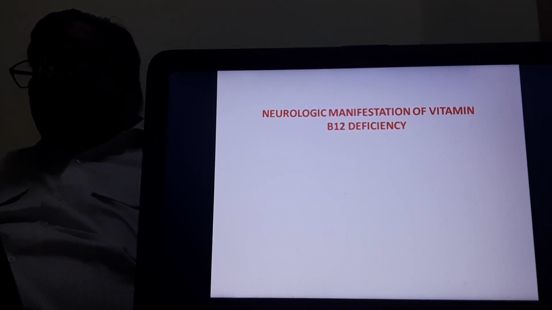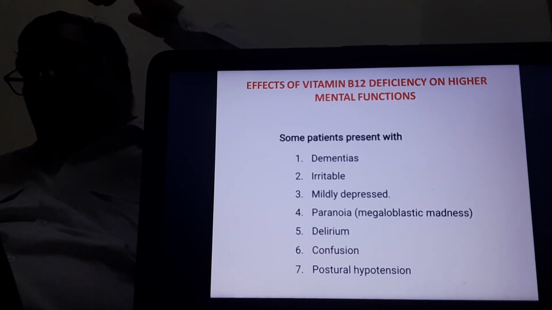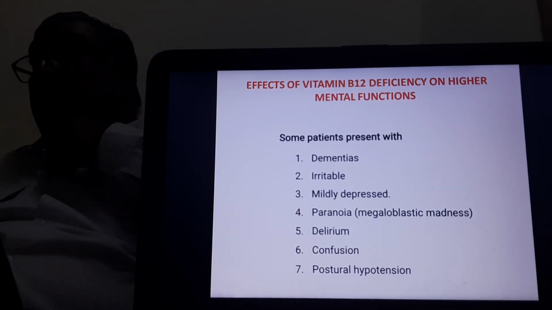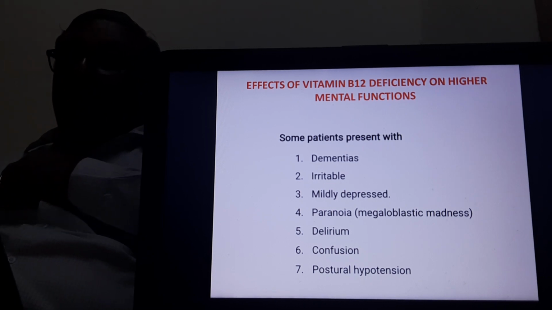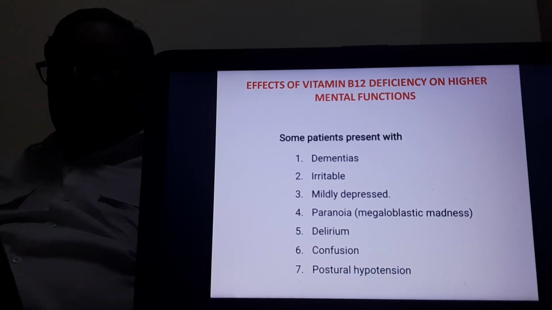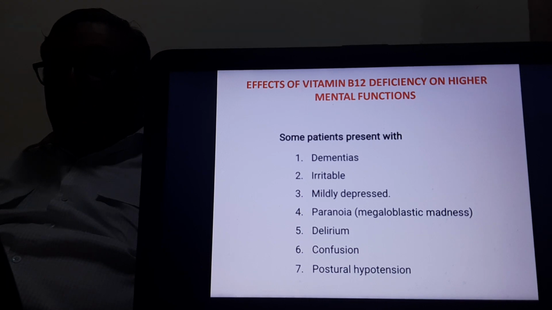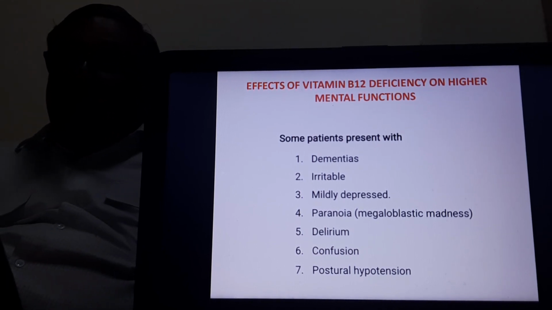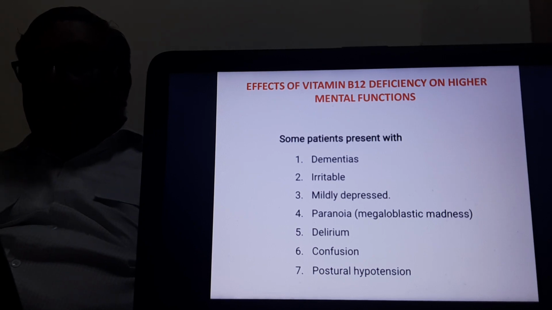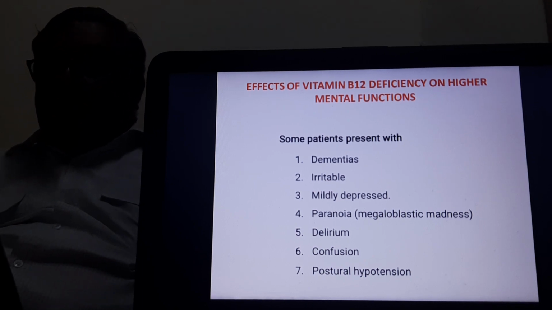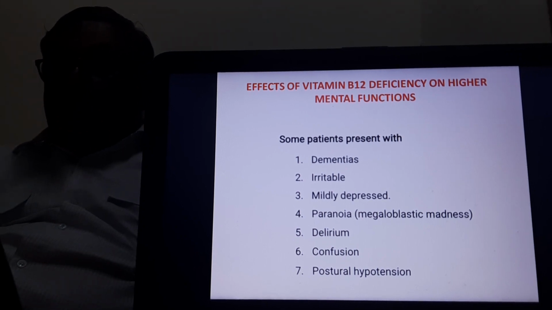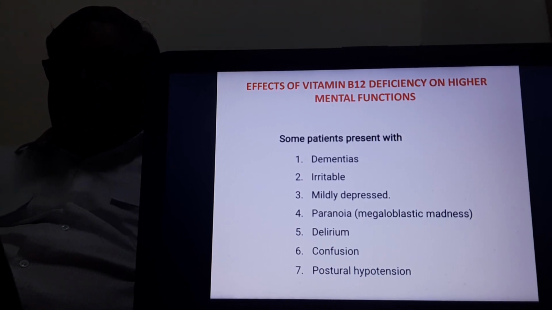Paranoia is there sometimes, the patient may behave very abnormally, and this is called megaloblastic madness. The patient may have delirium, violent behavior also, sometimes confusion, and postural hypotension, etc. These are the higher mental functions and other effects of B12 deficiency.